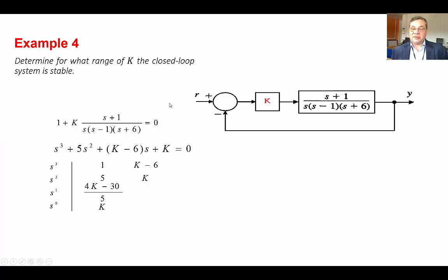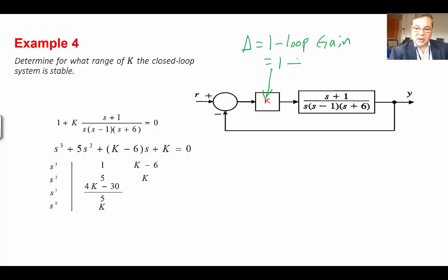Here, one very useful application is to find the value of the gain for which the system is stable. So from here you find delta. Delta is 1 minus loop gain, and that will be 1 minus, and there is a minus here, so it will be 1 plus k multiplied by s plus 1 over s plus 1.